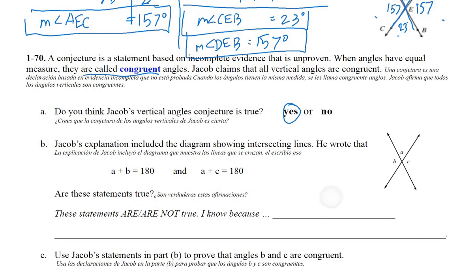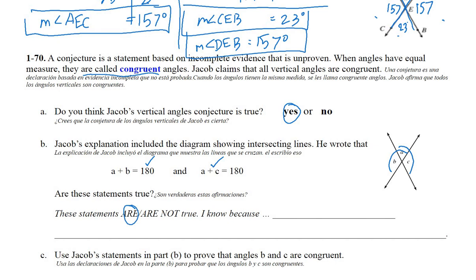Jacob explains using a diagram with intersecting lines. He wrote that here, A plus B is 180 degrees. That should be true. And A plus C should also be 180 degrees because those are supplementary angles. These statements have to be true. These statements are true.